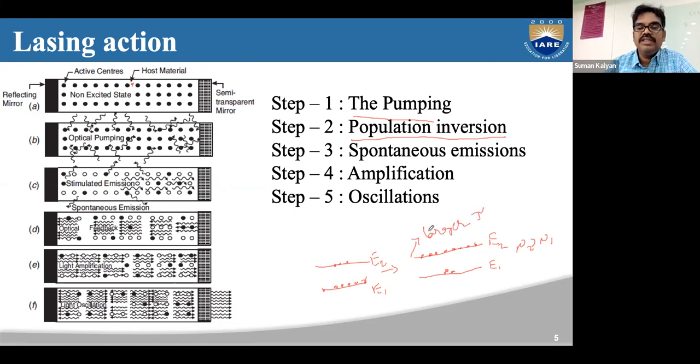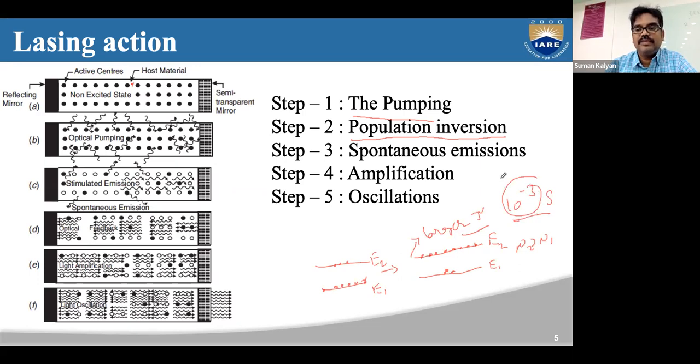Once optical pumping is done and population inversion is achieved, spontaneous emission happens. Even though the lifetime is larger, the atoms cannot stay more than 10 power minus 3 seconds in the metastable state.